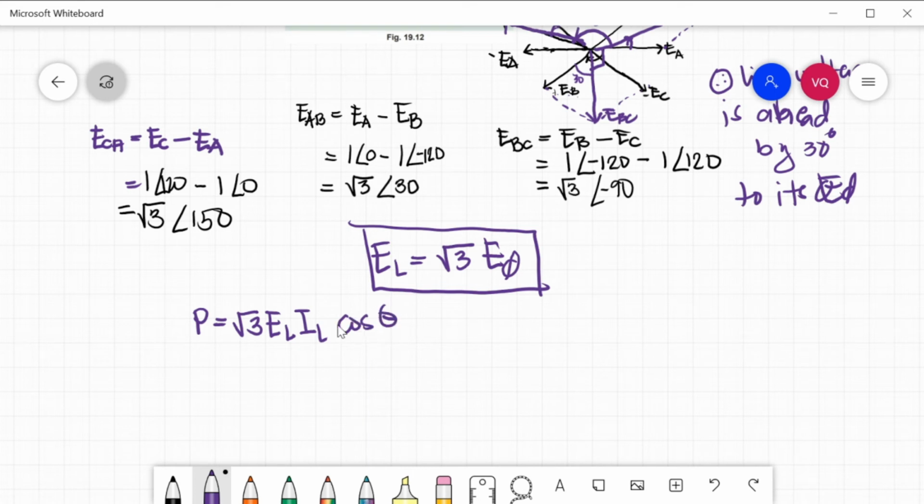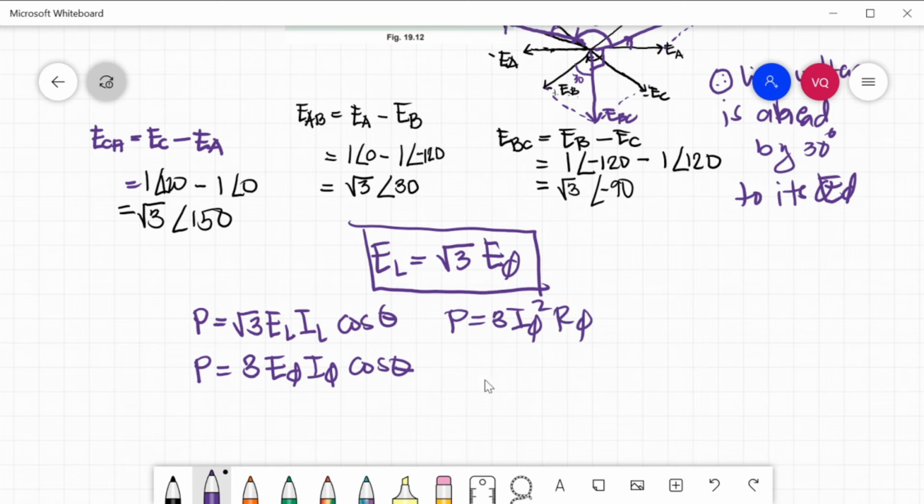The other formula is 3 times E phase, I phase cosine theta. The other one is P is equal to 3 times I phase squared R phase. This is the true power.